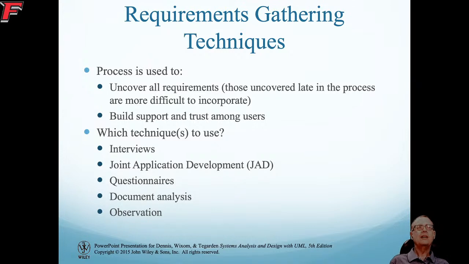So there's lots of ways you can gather requirements. You can interview people. You can form a joint application development task force. You can distribute and get feedback on questionnaires, you can analyze documents, or you can just go and look, observe the people.